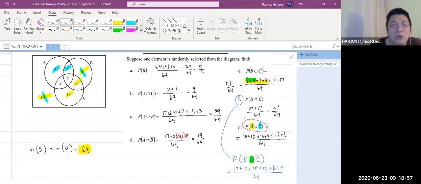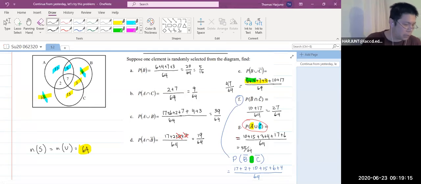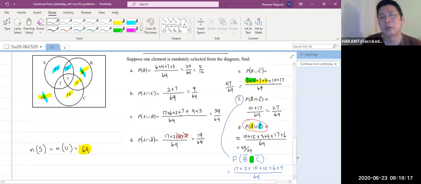Okay, so that's 20, 30, 40, 55. So this is 55 over 64. Now, actually, the same thing can be done with the contingency table.